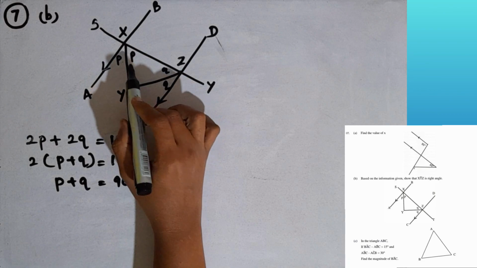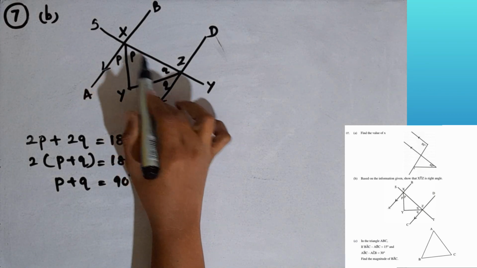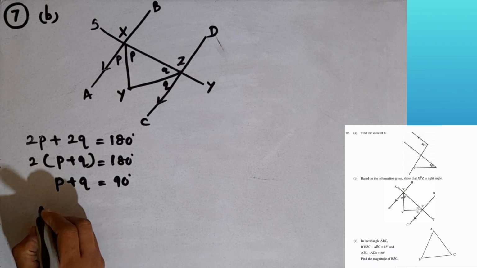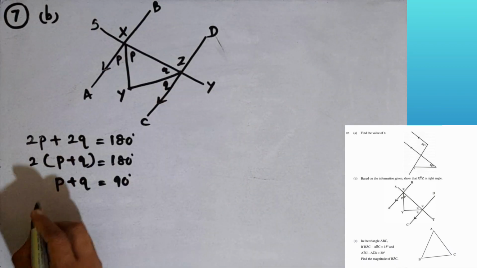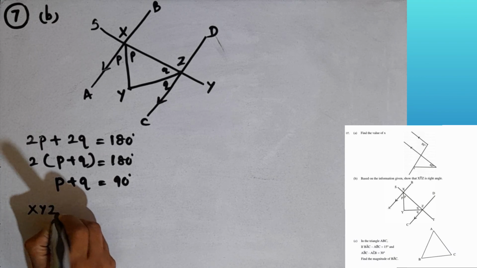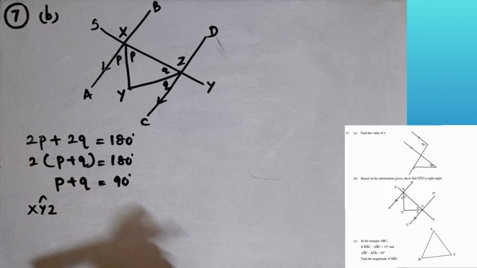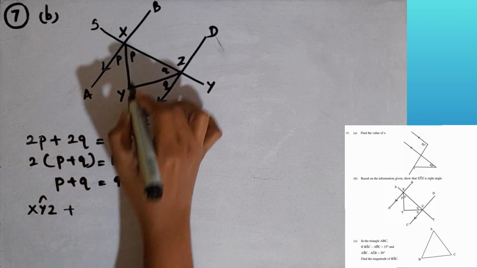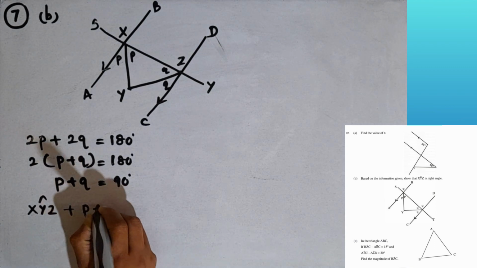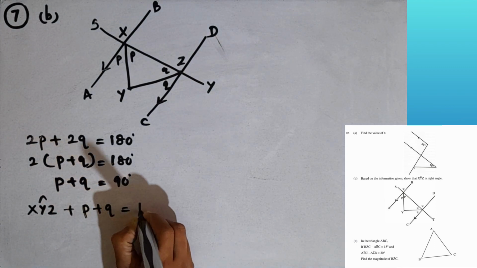In this one, this is a triangle, so the interior angle sum of a triangle is 180 degrees. We can write XYZ angle plus, here the magnitude is P, here Q. P plus Q is equal to 180.